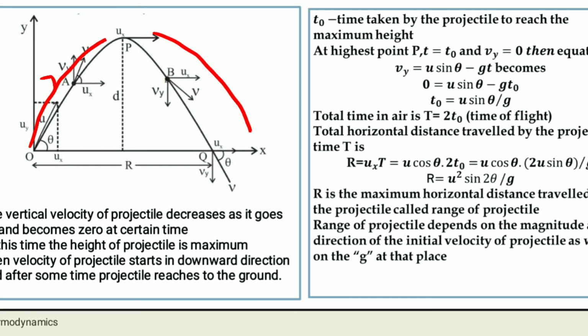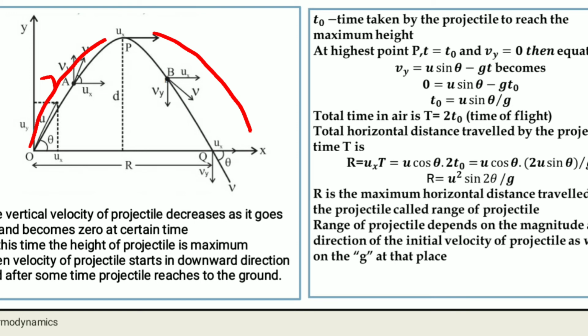So if you have thrown the ball in the air up to point P, it will reach some particular height in, you can say, time t. After time t, what will happen? The vertical velocity of the projectile will be 0, and after that it will be pulled down by the force of gravitation, or you can say due to acceleration of gravity, it will come down towards the earth's surface.